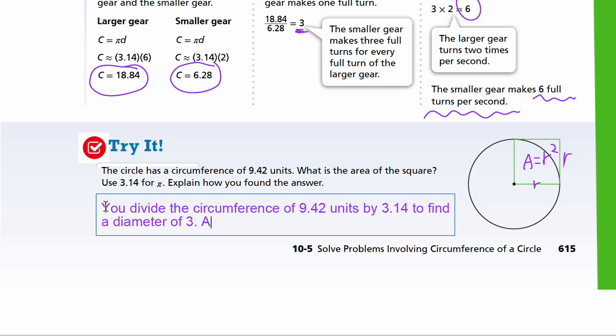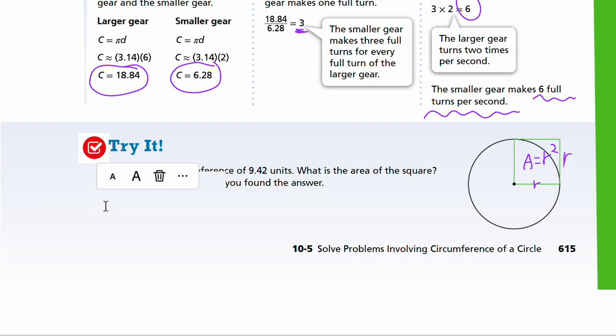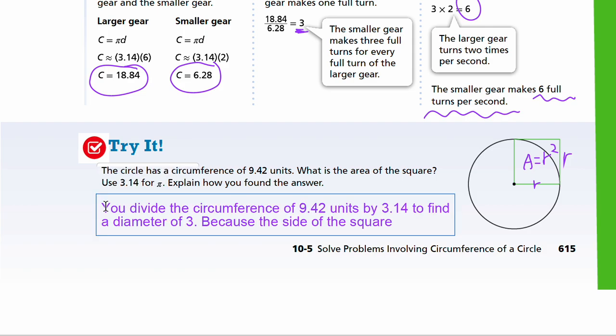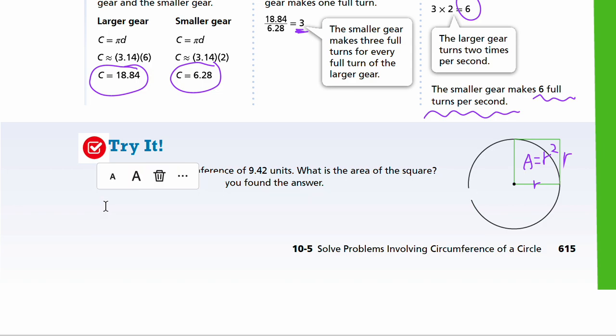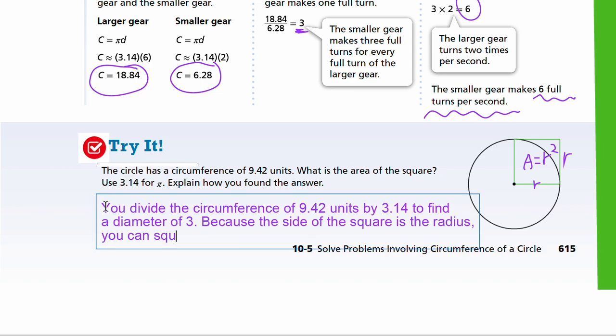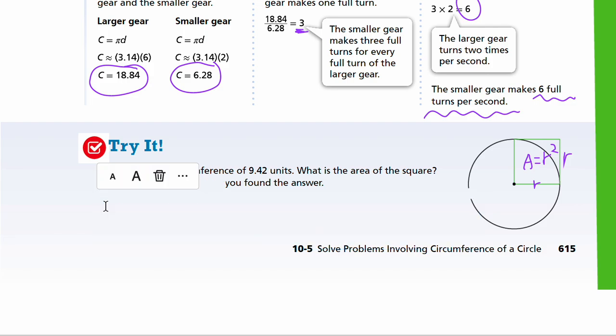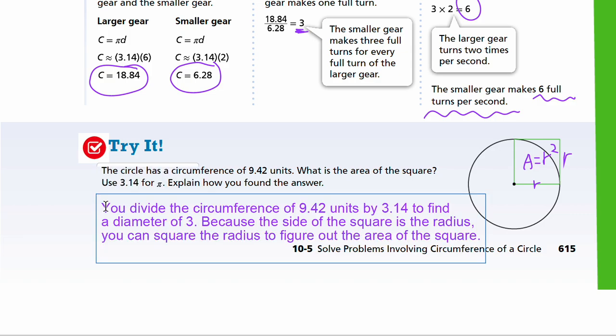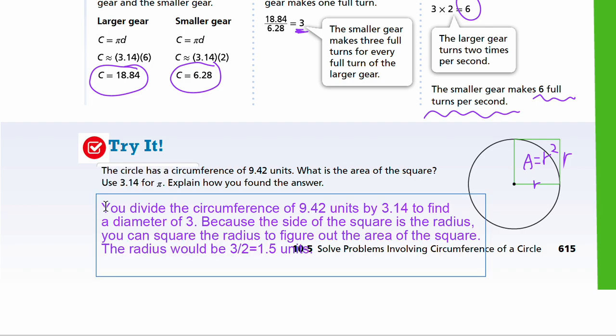And then because the side of the square is the radius, you can square the radius to figure out the area of the square. So the radius would be 3 divided by 2, or 1.5 units.